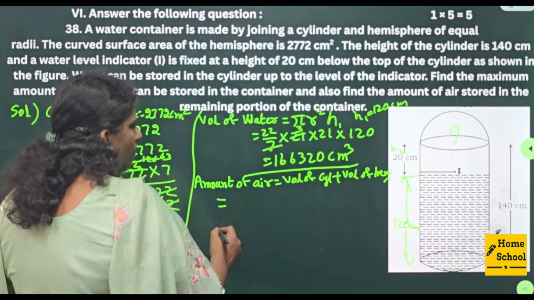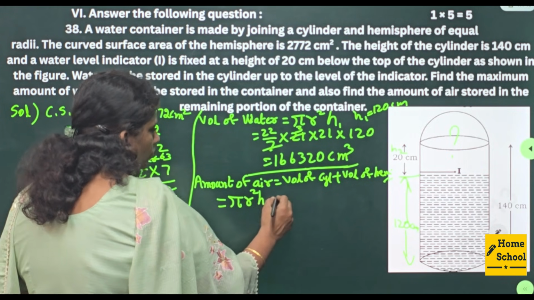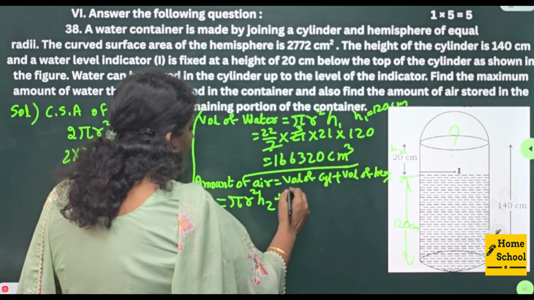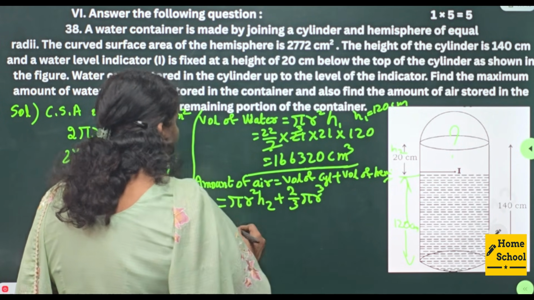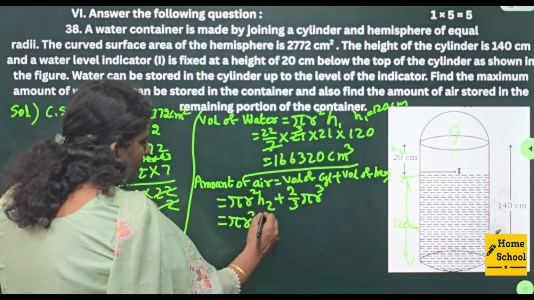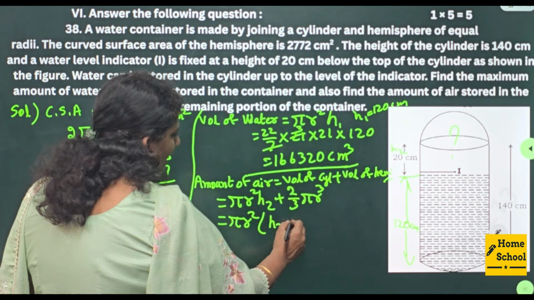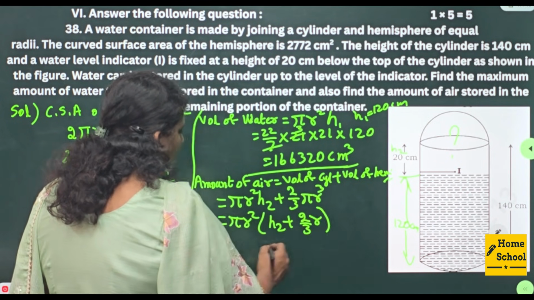What is the formula? Volume of a cylinder is pi r square H2 plus volume of a hemisphere is 2 by 3 pi r cube. Is there anything common? Pi r square common, take it out. H2 plus 2 by 3 r.